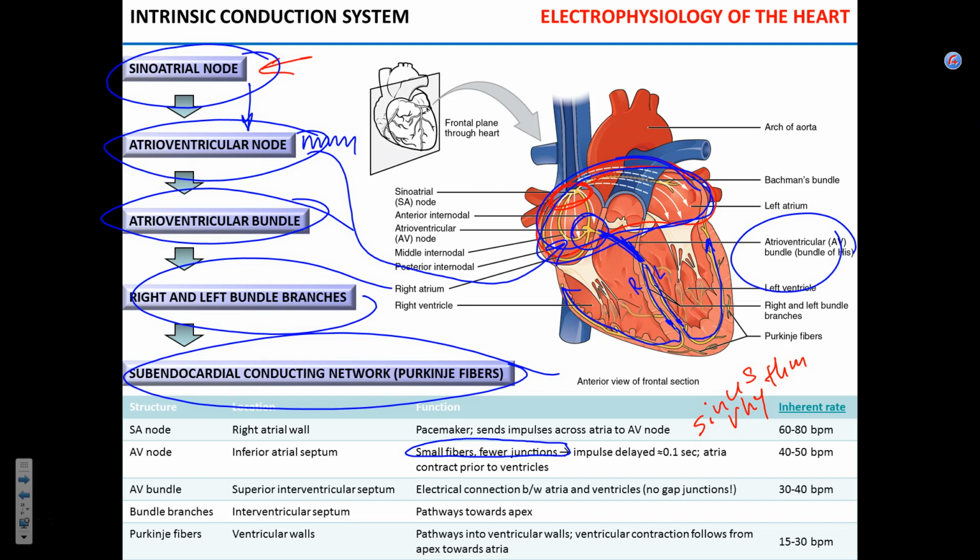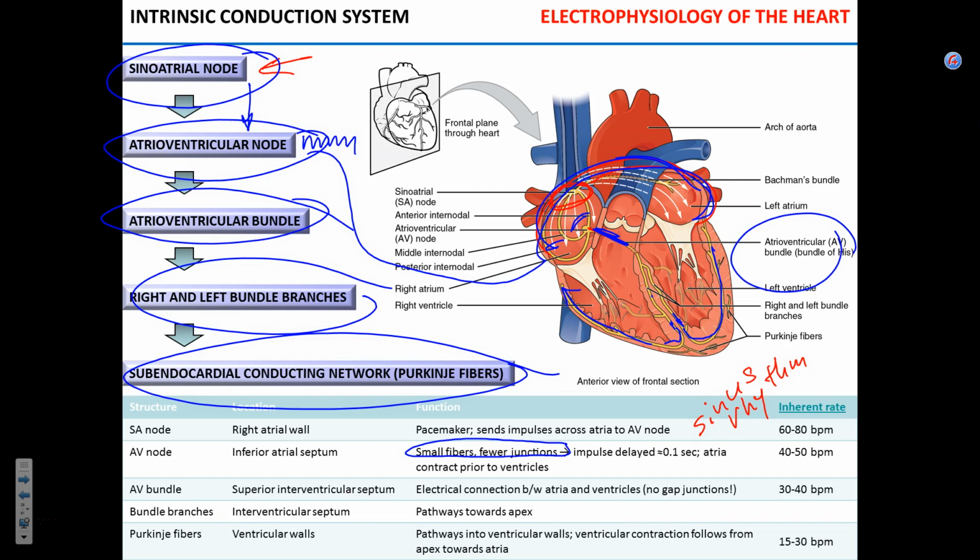Second, it turns out that the only electrical connection between the atria and the ventricles is here, in the bundle of His. There are no gap junctions connecting cardiomyocytes of atria with cardiomyocytes of ventricles.